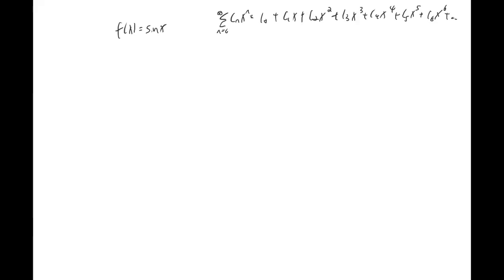Well, we have a formula. Cn is Fn, in this case we're centered at 0, so a is 0, over n factorial. So let's calculate it. F of x is sine x. What is the derivative of sine?